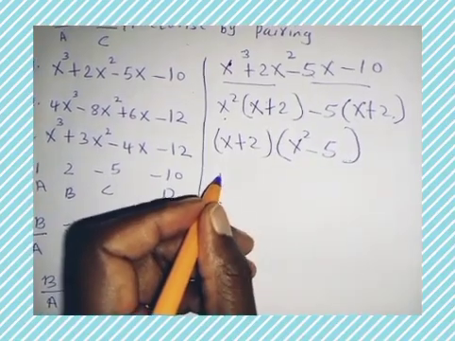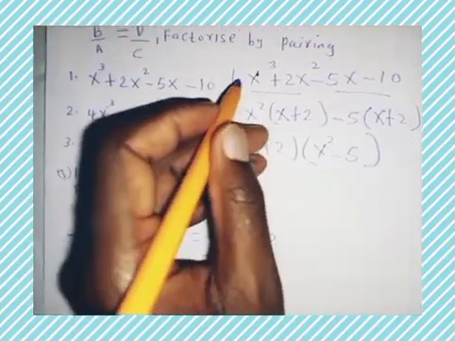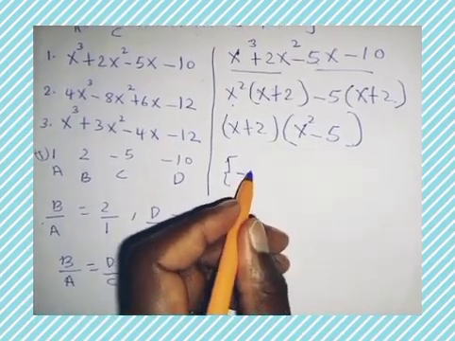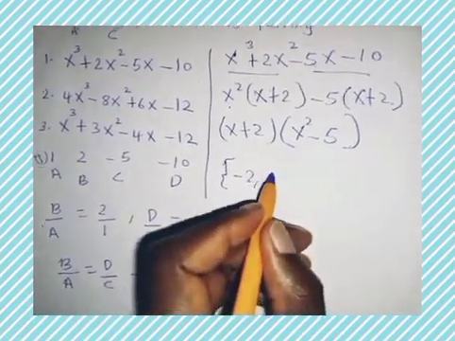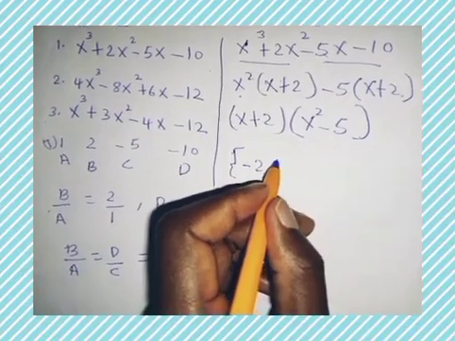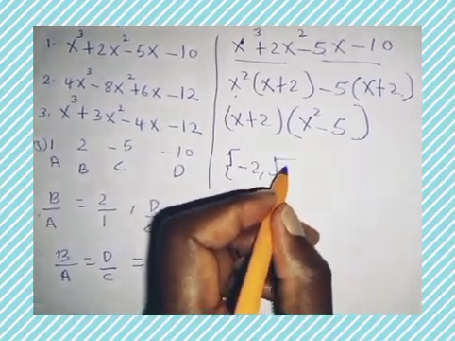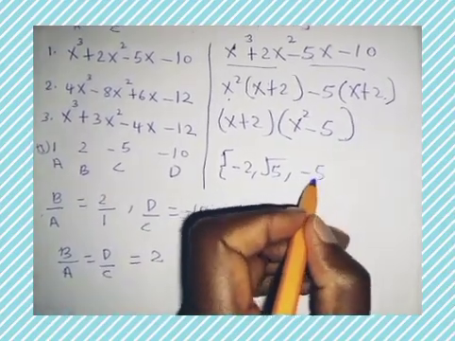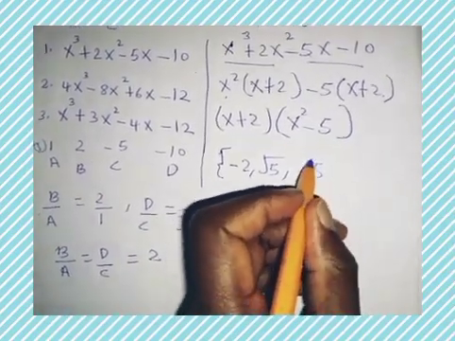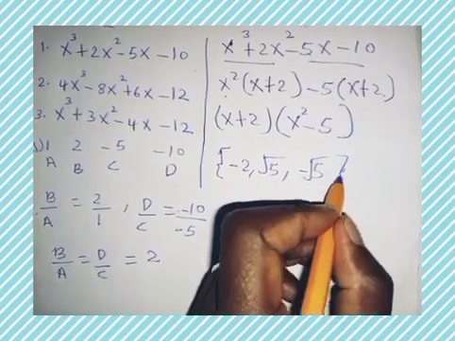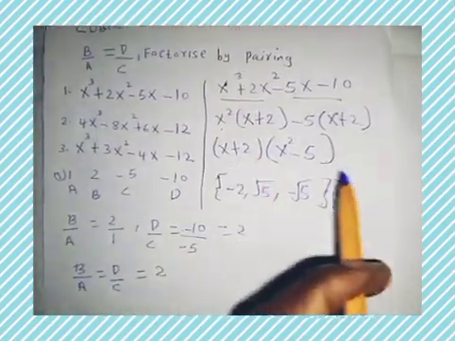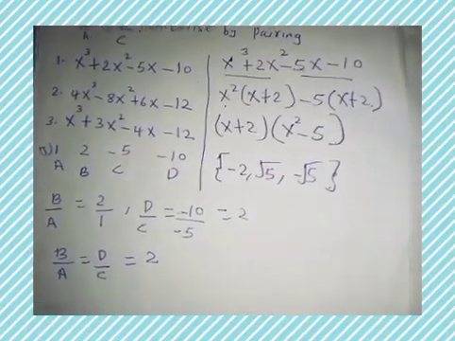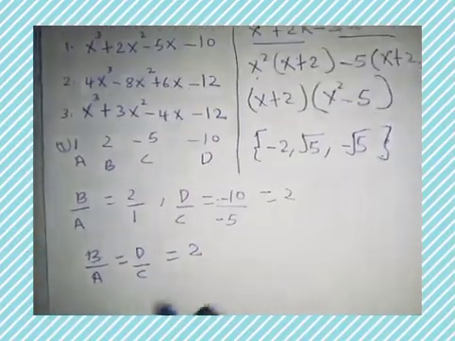In case you require the solution set for equation 1, they are going to be -2, square root of 5, and minus square root of 5. You get this solution set by equating this to 0, but in our case we are only interested in factorizing. So we go to example 2.